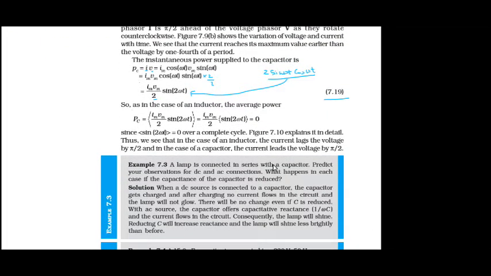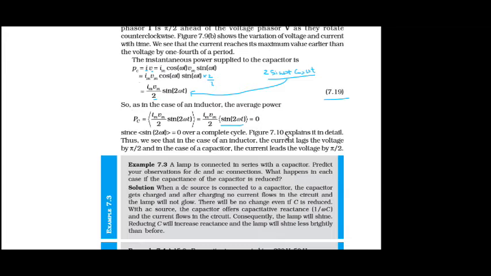So as in the case of inductor, the average power Pc is equal to Im Vm upon 2 times the mean of sin 2 omega t, which is equal to 0, since sin 2 omega t averages to 0 over a complete cycle.